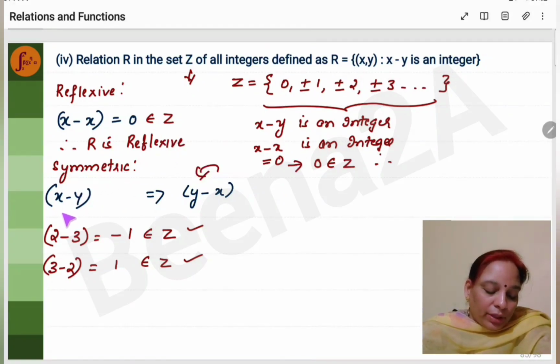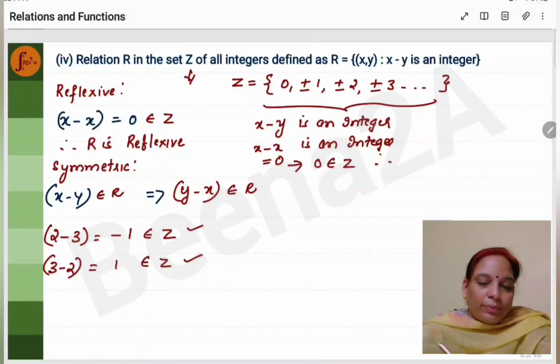So, now let's look at the symmetric condition. For symmetric, if x minus y belongs to R, then y minus x, that is, reverse it, y minus x should belong to R and it should also belong to the integers. Whatever answer you get out of this equation, it should belong to this set of integers. So let's take an example.